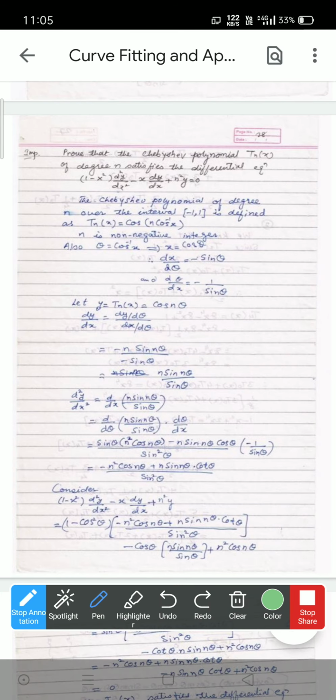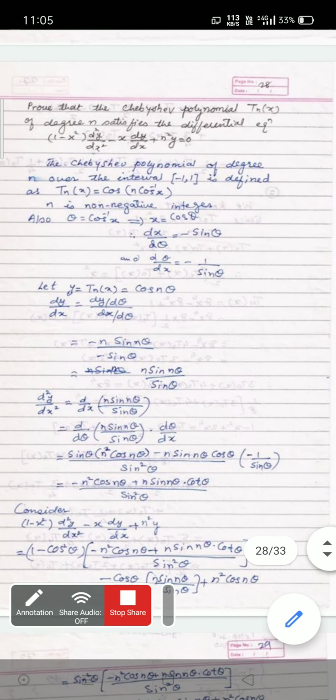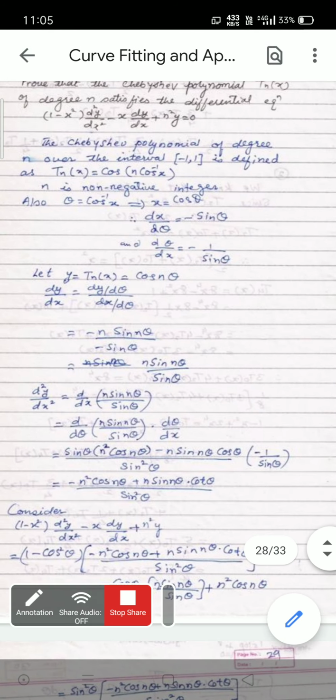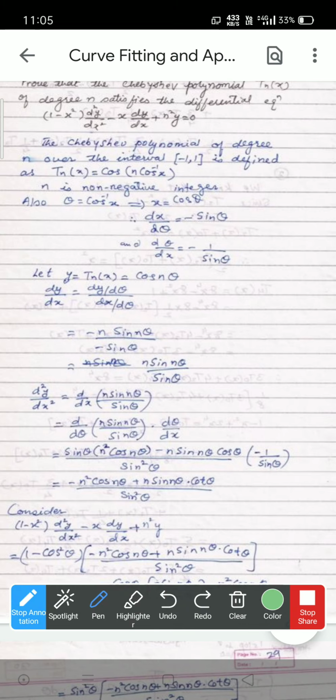Here the theorem is: prove that the Chebyshev polynomial Tn of x of degree n satisfies the differential equation 1 minus x square into d2y by dx square minus x dy by dx plus n square y is equal to 0.